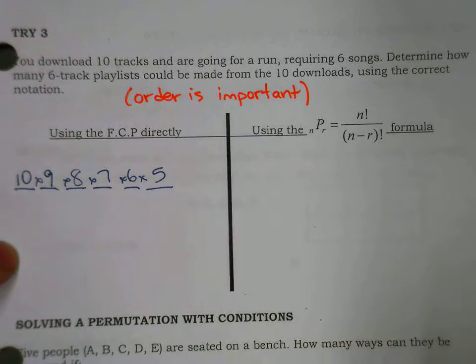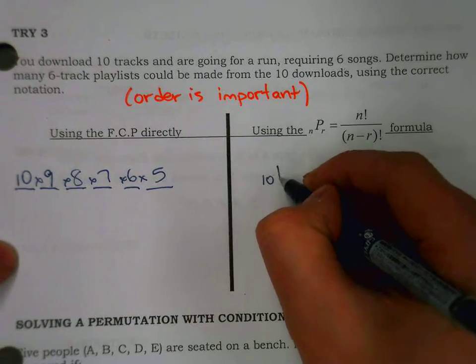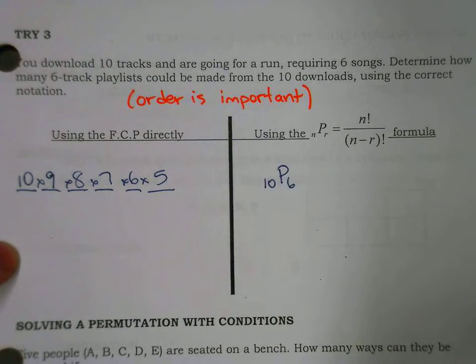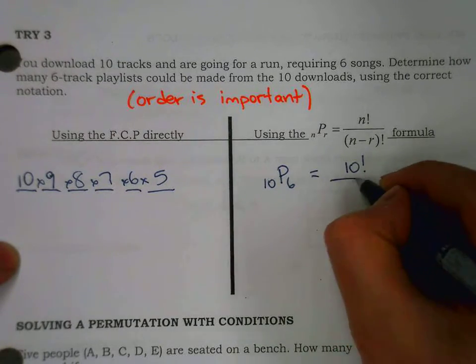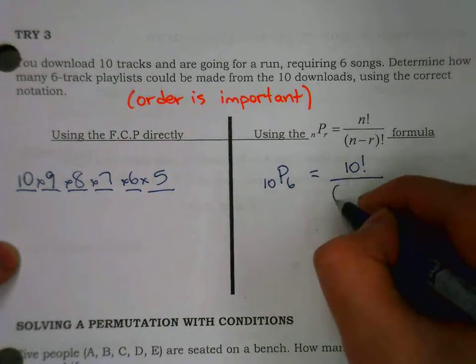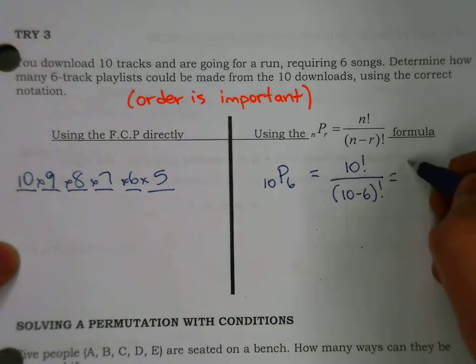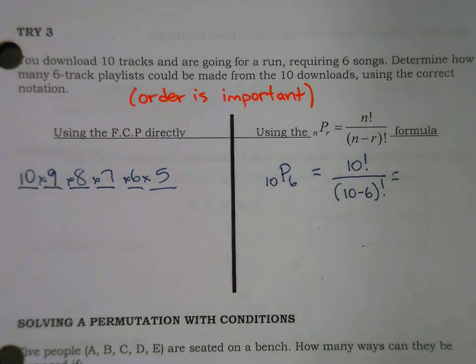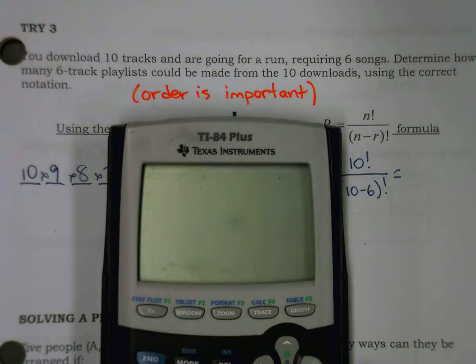Now, if we're using the formula, you might say I've got 10 tracks, and I'm going to select 6 of them. The good thing is that we've got a formula which makes this a little bit simpler, 10 factorial over 10 minus 6 factorial, which results in a big number divided by a 4 factorial. Now the good news is that there's actually a button press on the calculator for this as well.